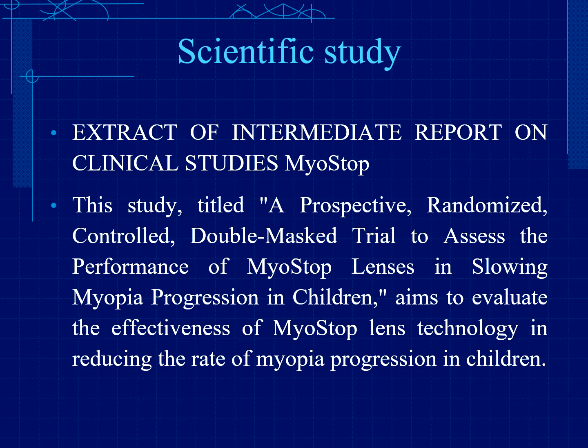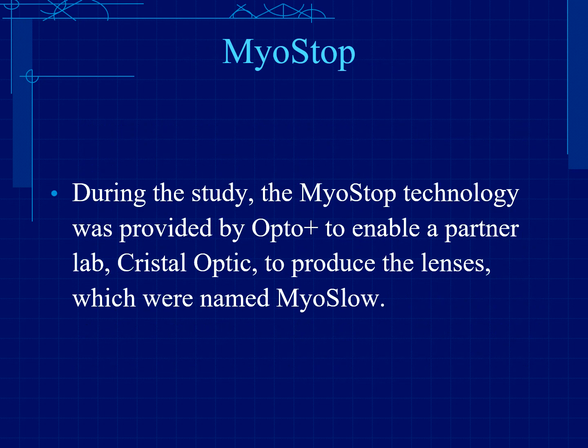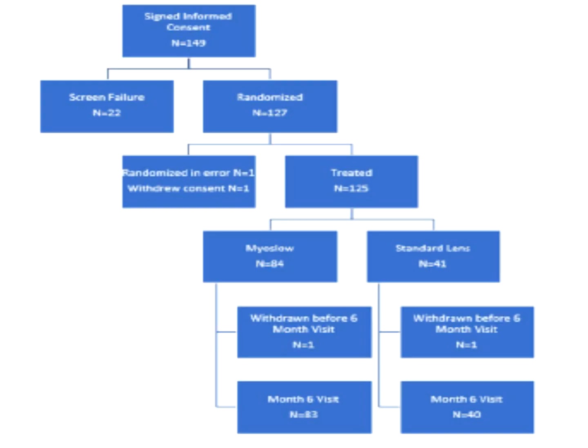There is a prospective, randomized, controlled, double-masked trial to assess the performance of the MyoStop lenses in slowing myopia progression in children. Actually, this study was done with another company, but the same design. The name of the lens according to this design is MyoSlow.